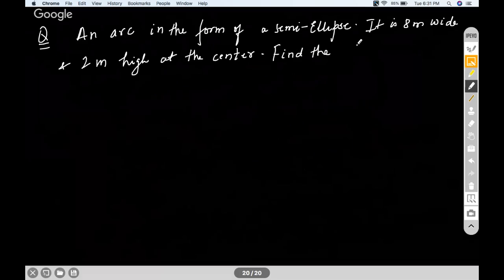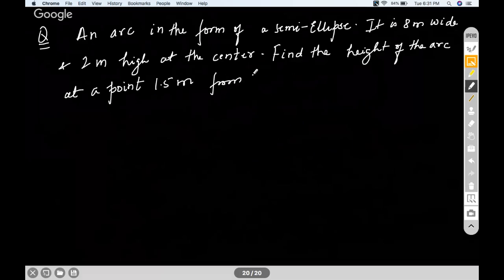Find the height of the arc at a point 1.5 meters from one end.